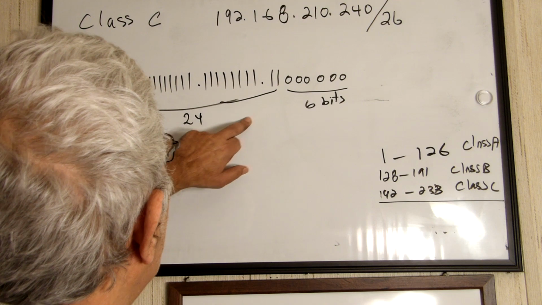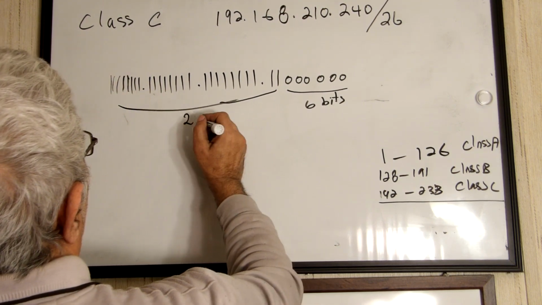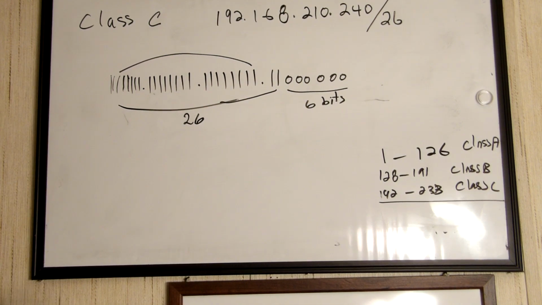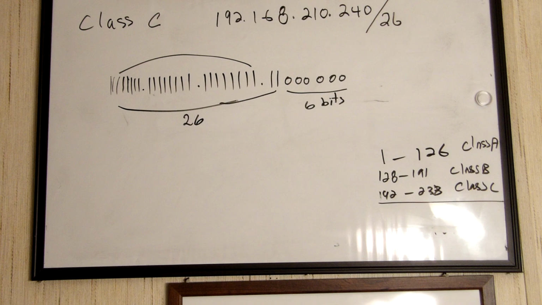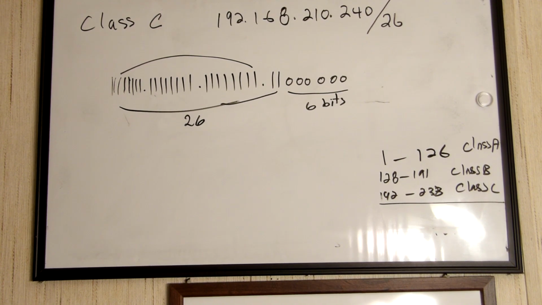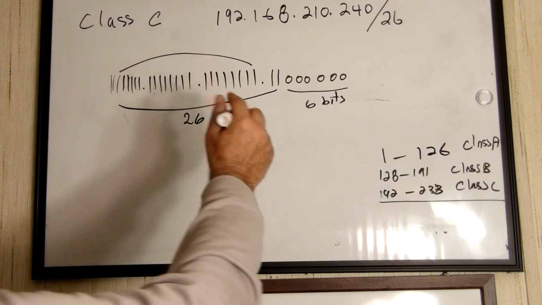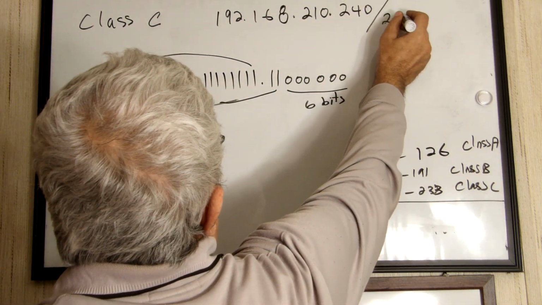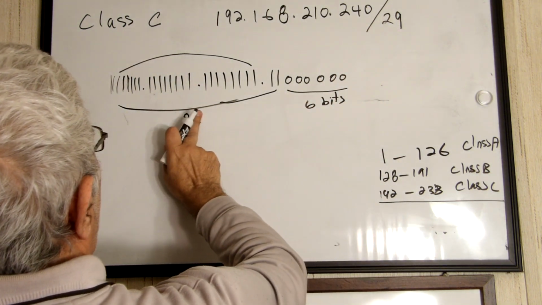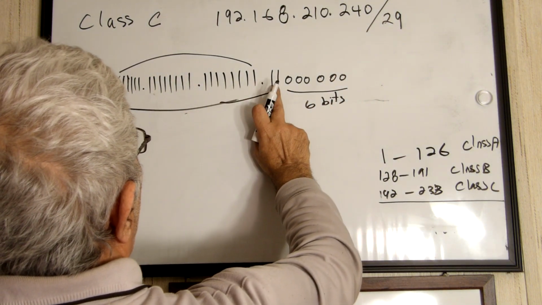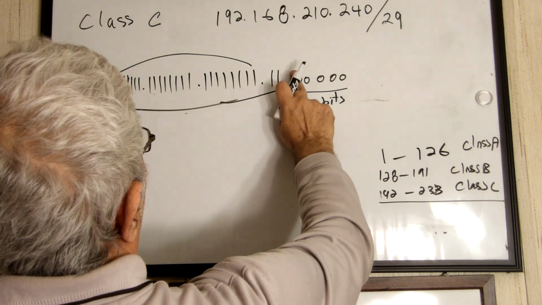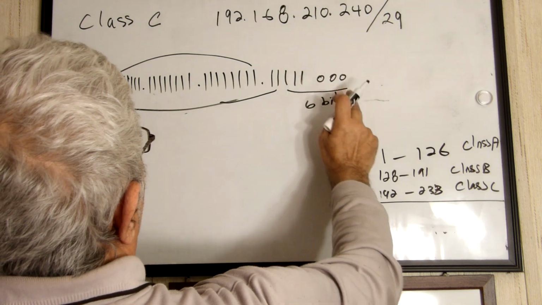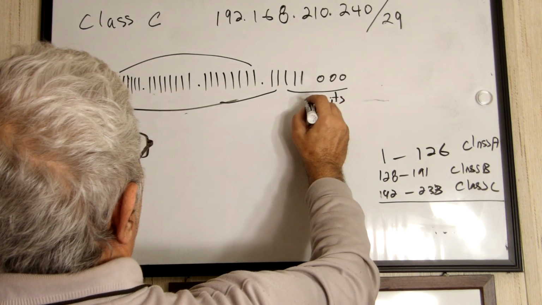We have now more networks. This is 26 now. This is 24 plus 2, which is 26. So you borrow 2 bits, and every time you see like that, if you see 29, what's going to be? 24, 25, 26, 27, 28, 29, and then only 3 bits for hosts.